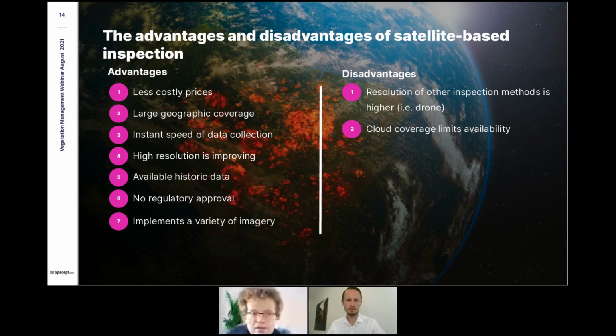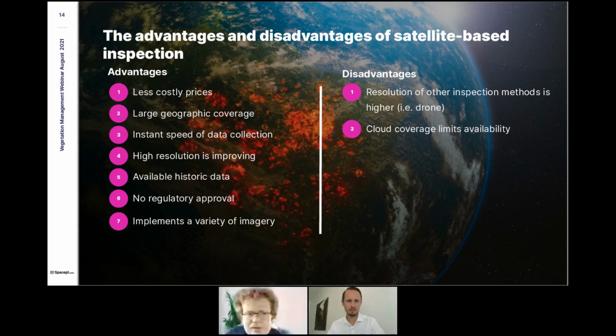Furthermore, we can enjoy almost instantaneous data collection over drones, helicopters, and other manual methods. In one day, we can essentially inspect thousands of kilometers, whilst you would need an army of inspection crews in order to perform this at the same level.